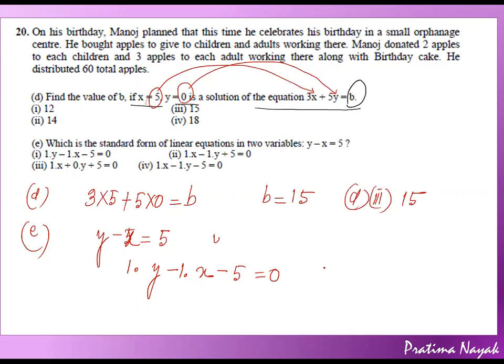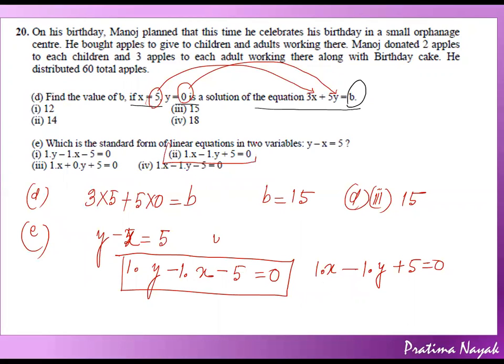So I'll write 1 into x minus 1 into y plus 5 is 0. So I multiplied a negative sign in all the cases. So I am getting 1.x plus minus 1.y plus 1.5 is 0. So where is the answer? E part is the answer. So for E, second is the answer.